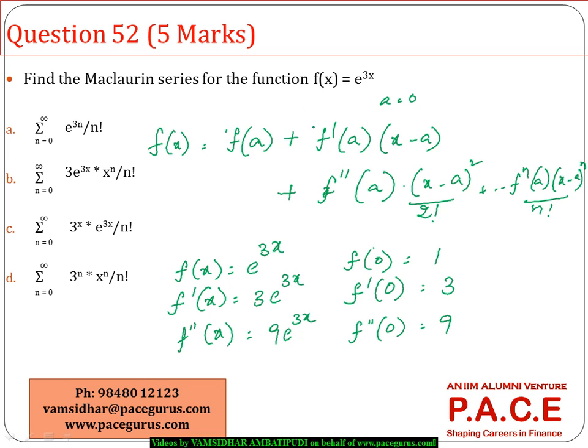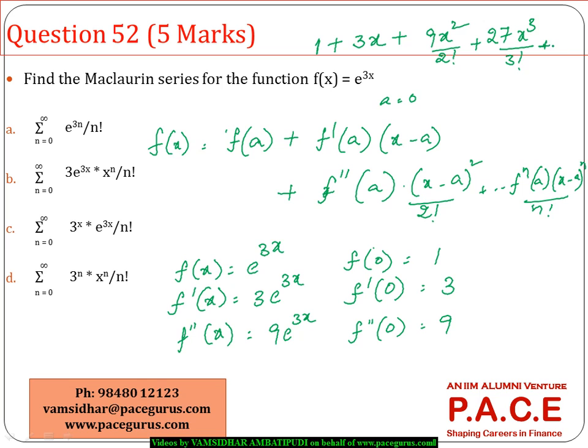So when I am doing this expansion now, f of x will go as f of 0, which is 1, plus f dash of 0, which is 3 into x minus 0, which is 3x, plus 9x squared by 2 factorial, plus 3 cube, so 27x cube by 3 factorial, and so on.